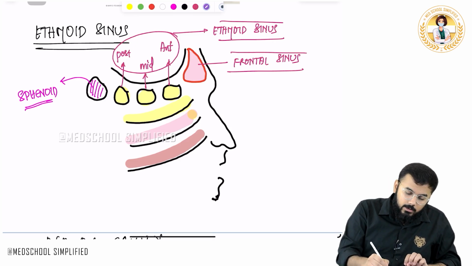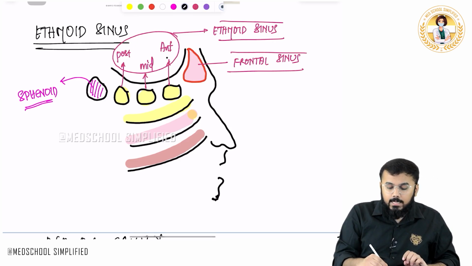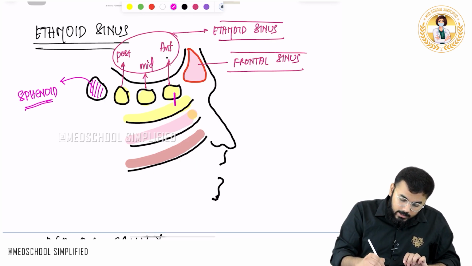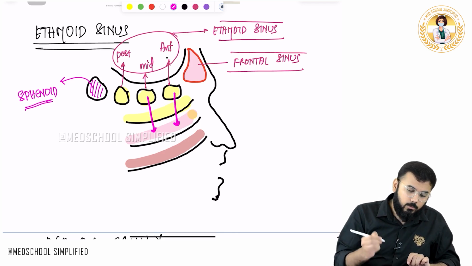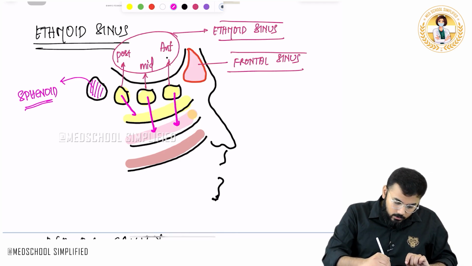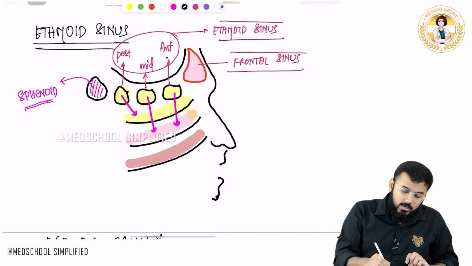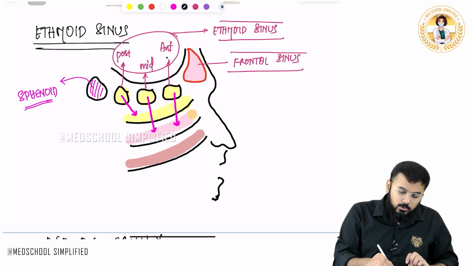What I am trying to tell you is that the anterior ethmoid sinus and the middle ethmoid sinus directly drain into the middle nasal meatus, whereas the posterior ethmoid sinus drains into the superior nasal meatus.